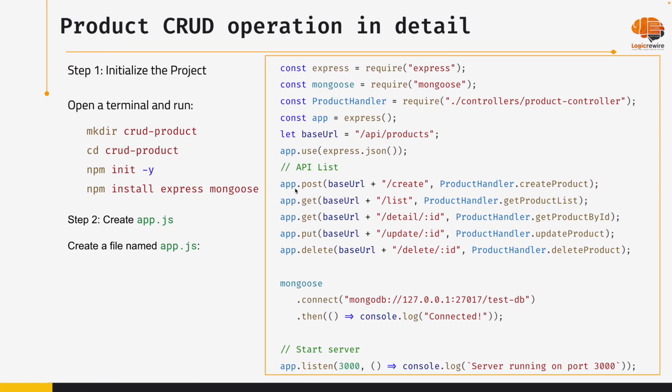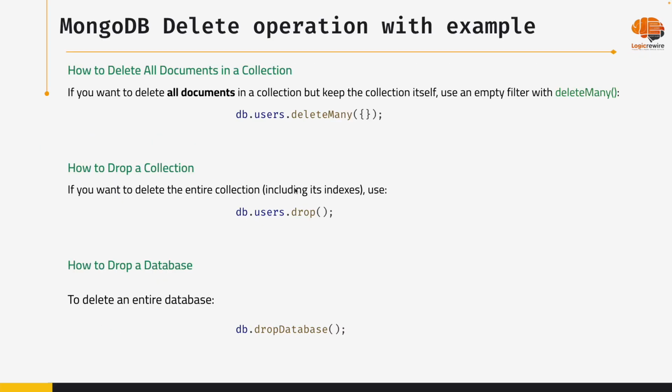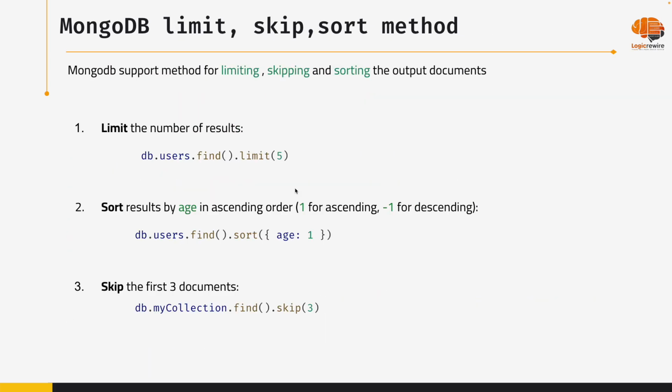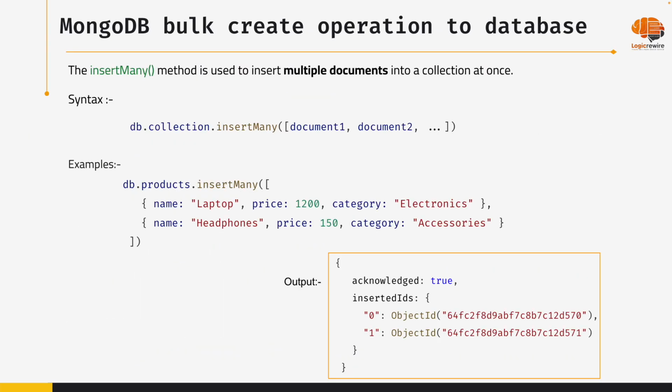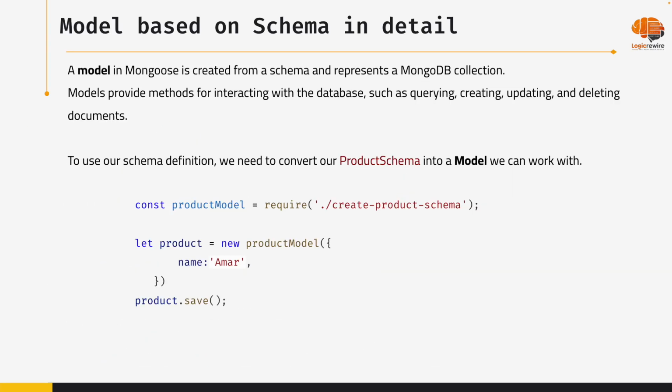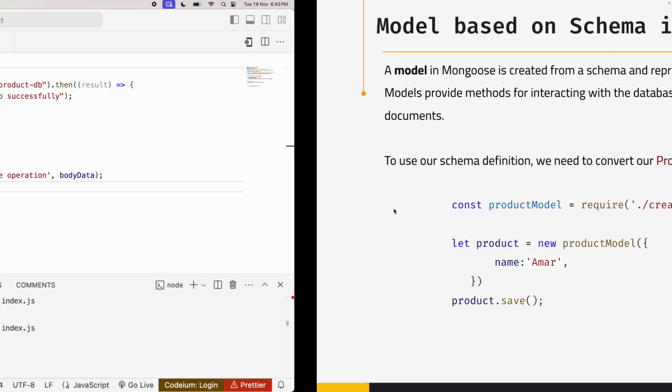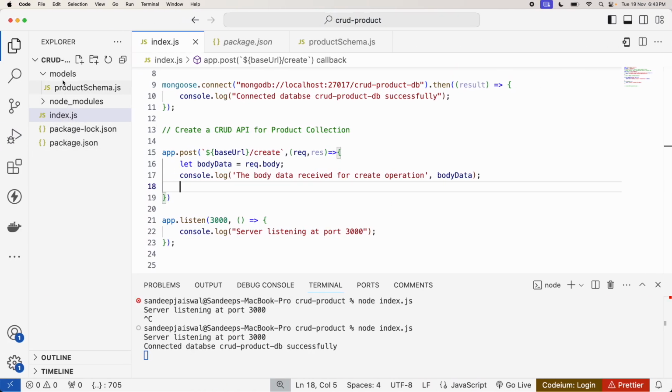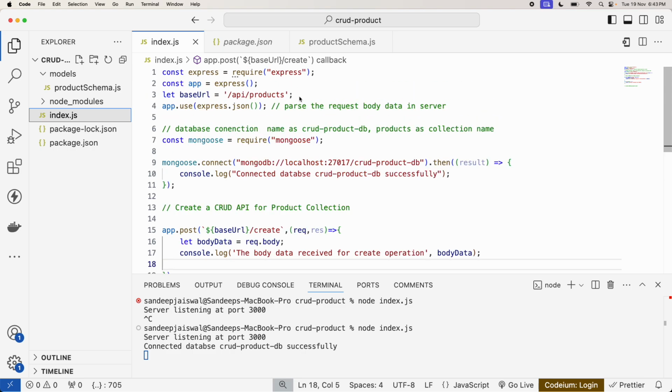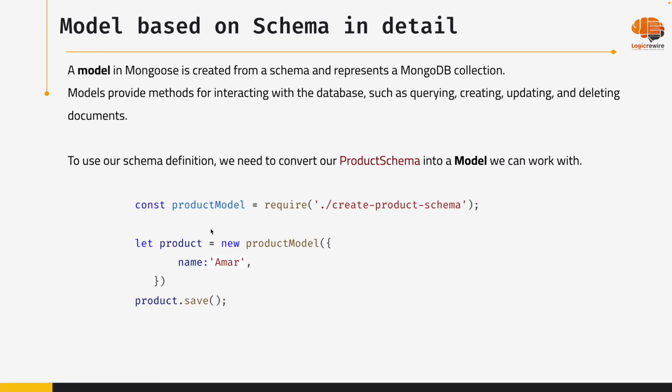We have to create a schema. So how to use that schema, whatever we have defined. So already we have discussed here in the previous classes. So first we have to import the product schema, whatever we have created. So basically whatever this product schema we have created, this we have to import in index.js. So here we have to import, and then we have to write let product equal to new product model.